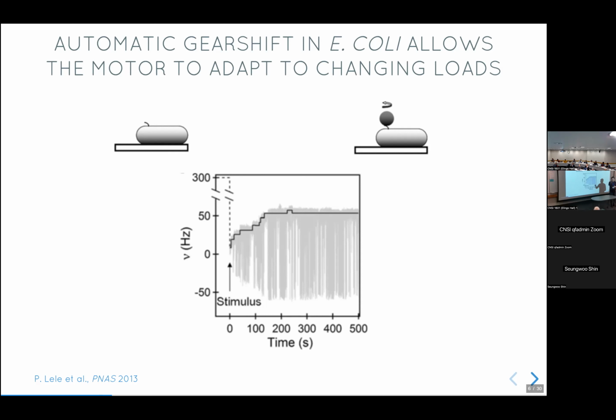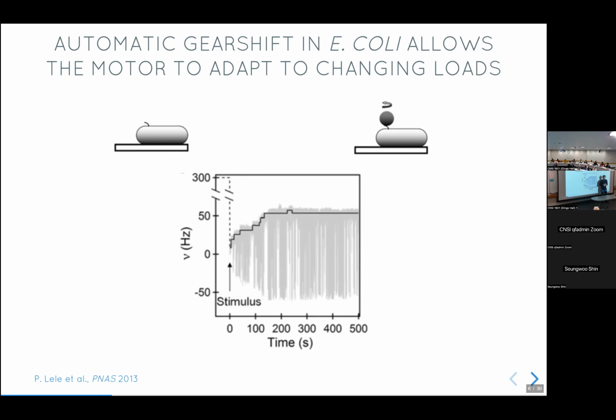Yeah, Noah. On this plot, are the vertical stripes switching from 50 to minus 50? Yes. This motor is bidirectional, so it switches between clockwise and counterclockwise. So this is just representing the clockwise rotation. If you actually put dots there, there wouldn't be a lot of dots in between. It would be sort of two curves.